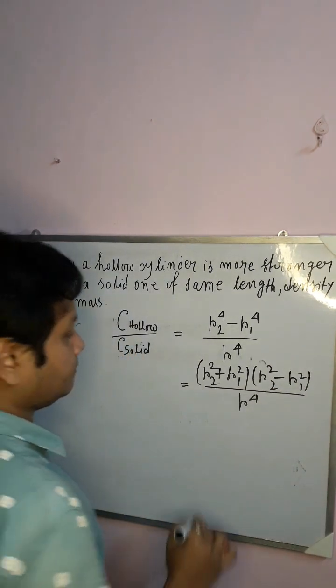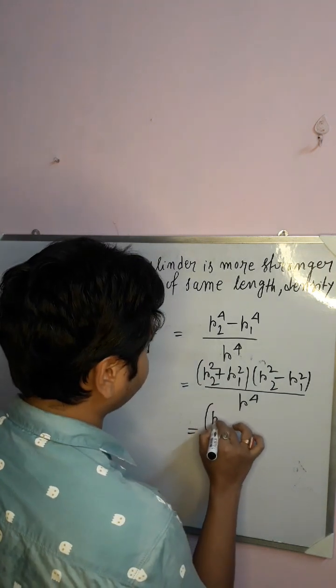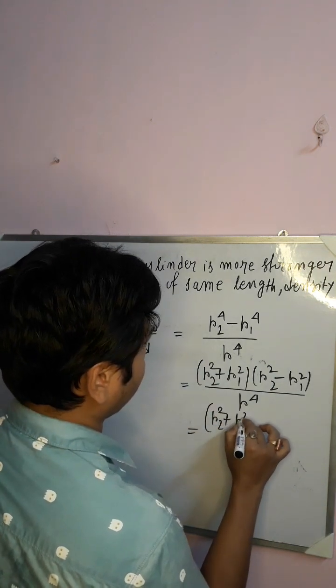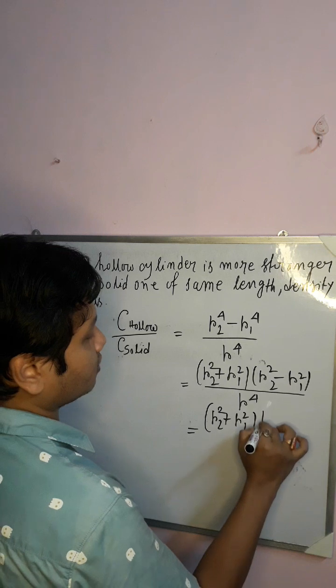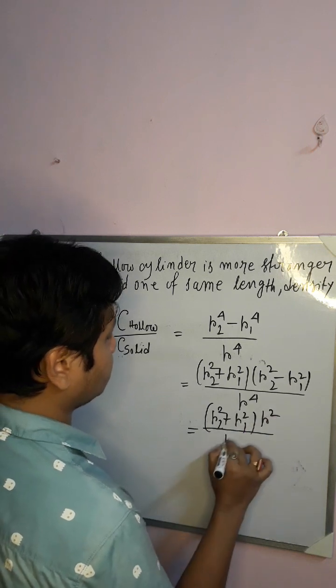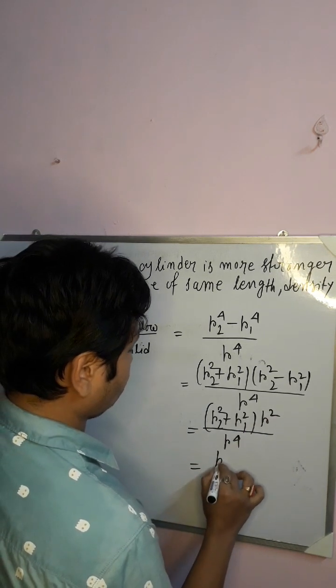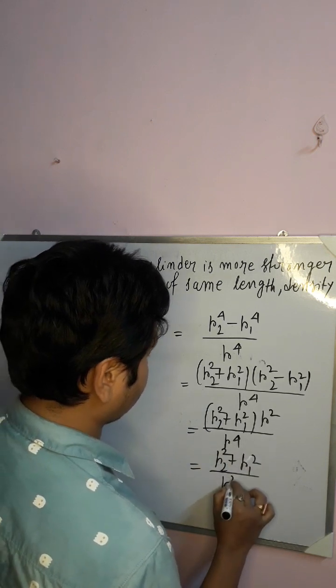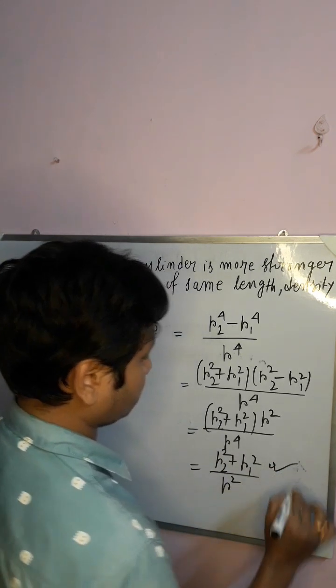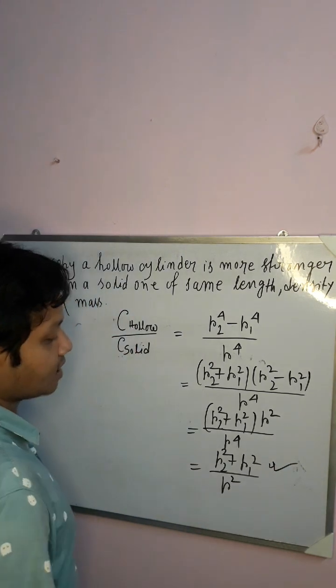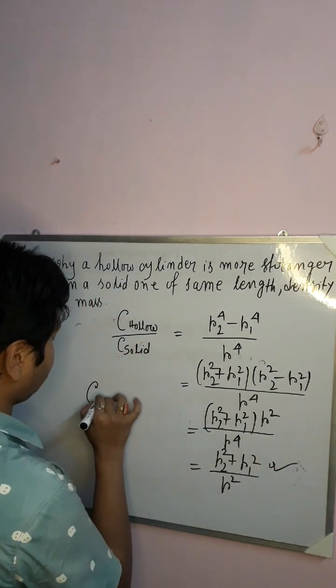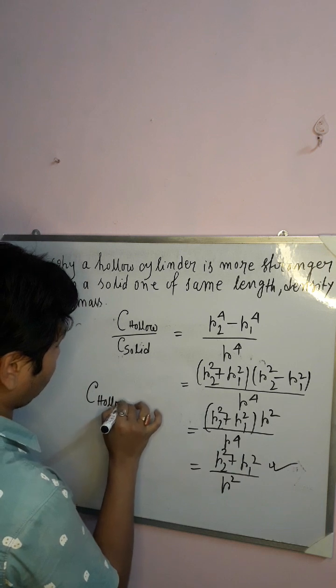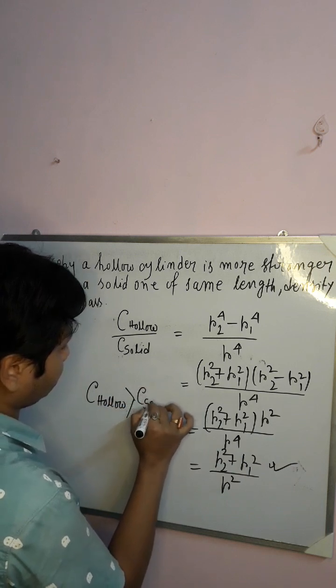And previously we found that R2 square minus R1 square equals R square, so we can substitute this. So we get (R2 square plus R1 square) by R square. This term is greater than R square, so obviously C hollow is greater than C solid.